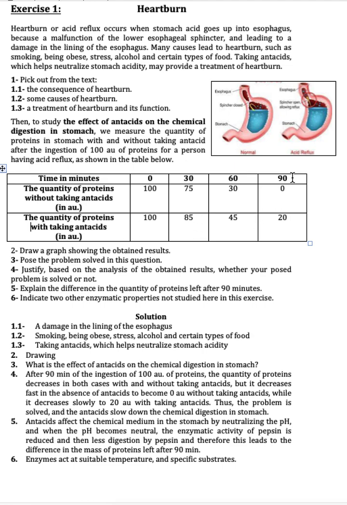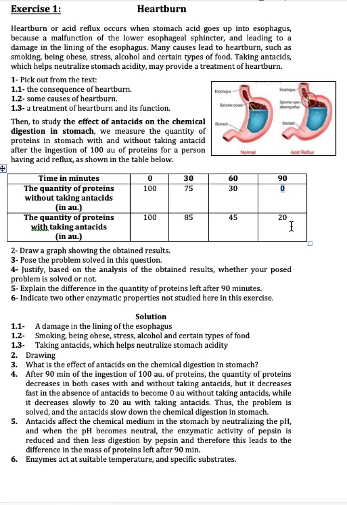As you see, after 90 minutes, the quantity is 20, which is more than the quantity of proteins without taking antacid, which is zero. It means that when we take the medicine, we protect against acidity, but we have a problem in digestion. So when we took the antacid, the chemical digestion is slowed down.